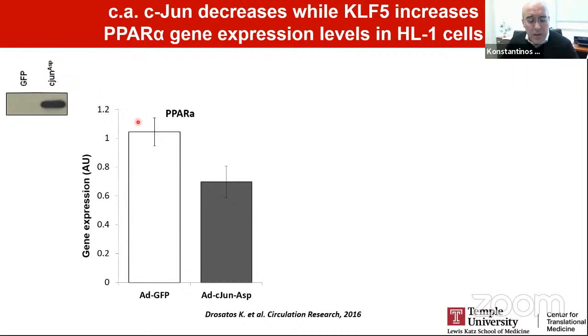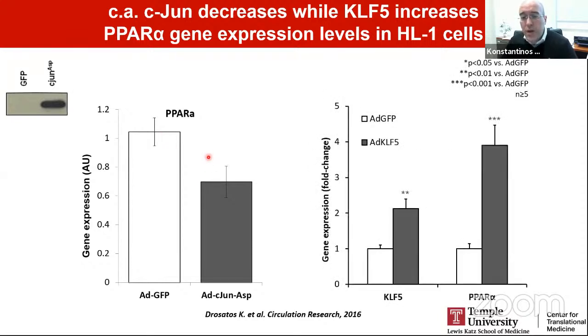As predicted, the overexpression of this superactive c-Jun led to suppression of PPAR alpha expression. But to our surprise, when we overexpressed KLF5, we saw the opposite result than what we had hypothesized. KLF5 induced the expression of PPAR alpha.